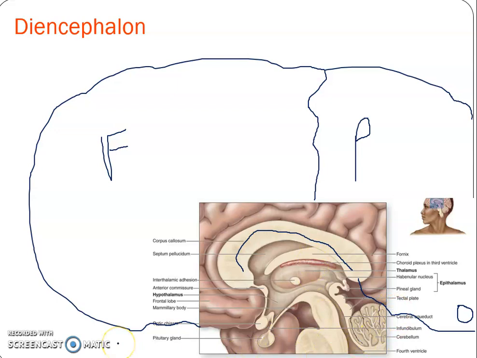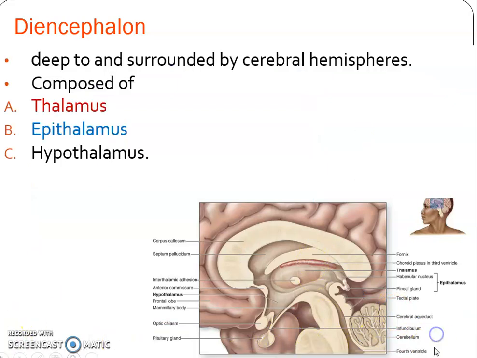So, the diencephalon. It is deep to the cerebral hemispheres. And it is made up of the thalamus, which is most of this region right here. So the thalamus, which means inner room, this is the thalamus right here.